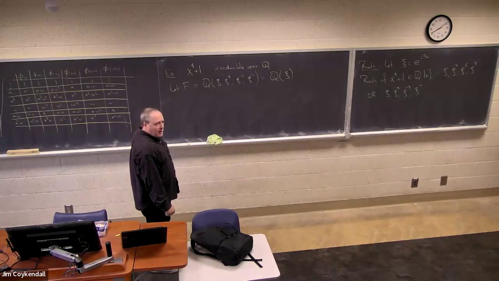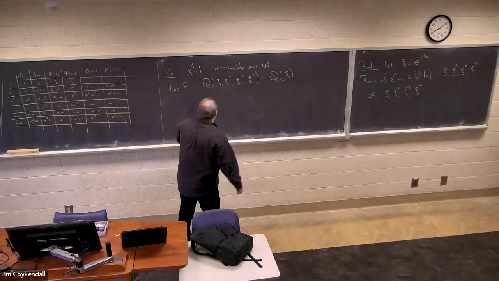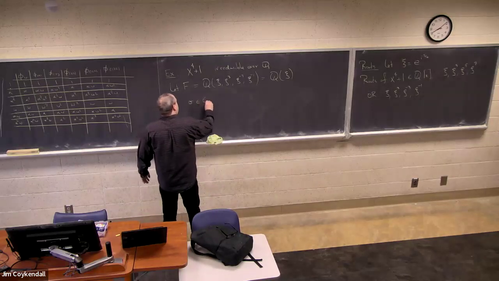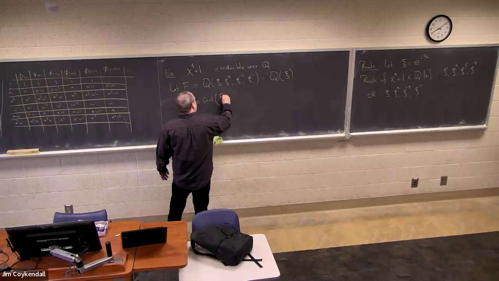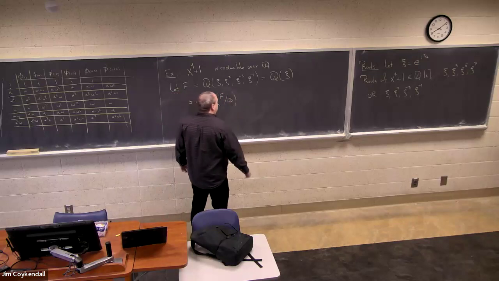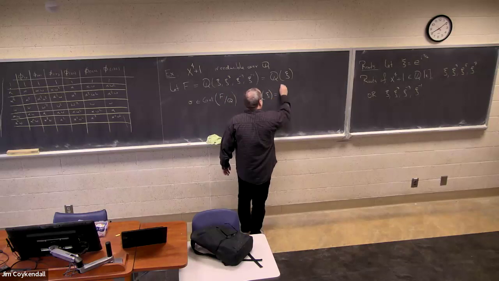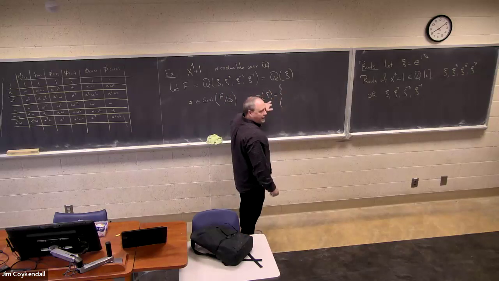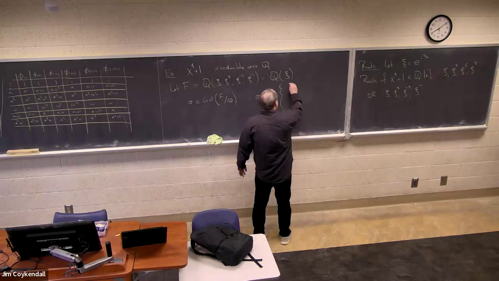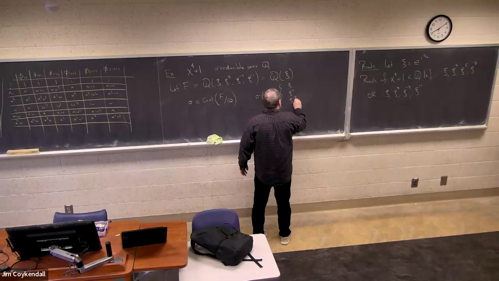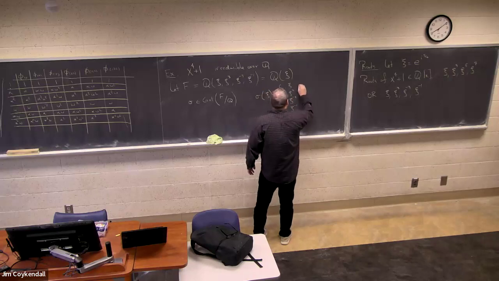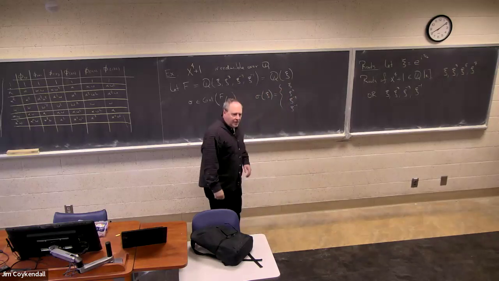So, look at the automorphisms of this. If sigma is in the Galois group of F over Q, then sigma can only go to another root of this. That's it, right?